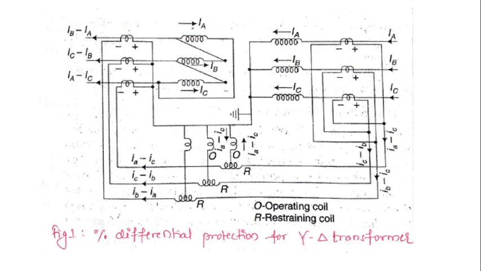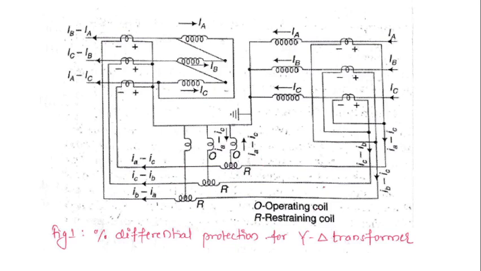IA, IB, IC are the phase currents for the delta connection, and these are IA, IB, IC for the star connection, and the three relays having the operating coil as well as the restraining coils are shown. O represents the operating coil, R the restraining coil.